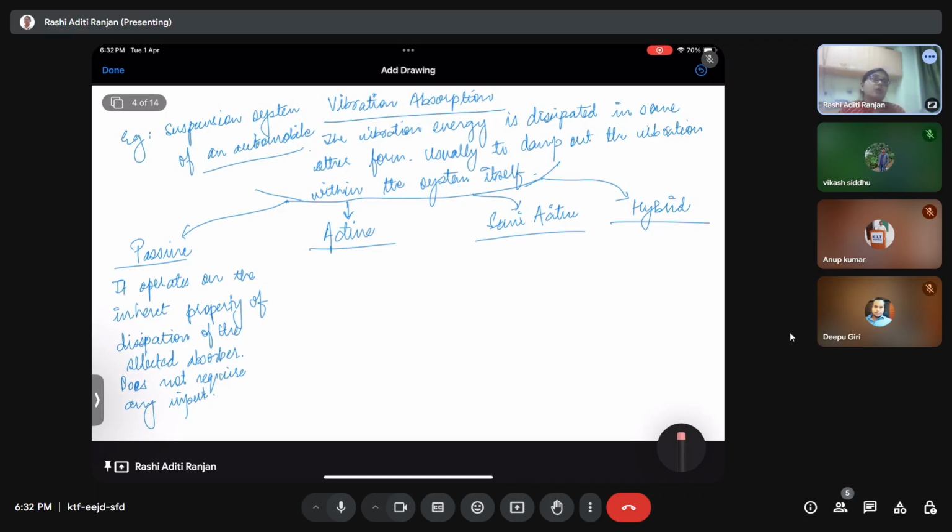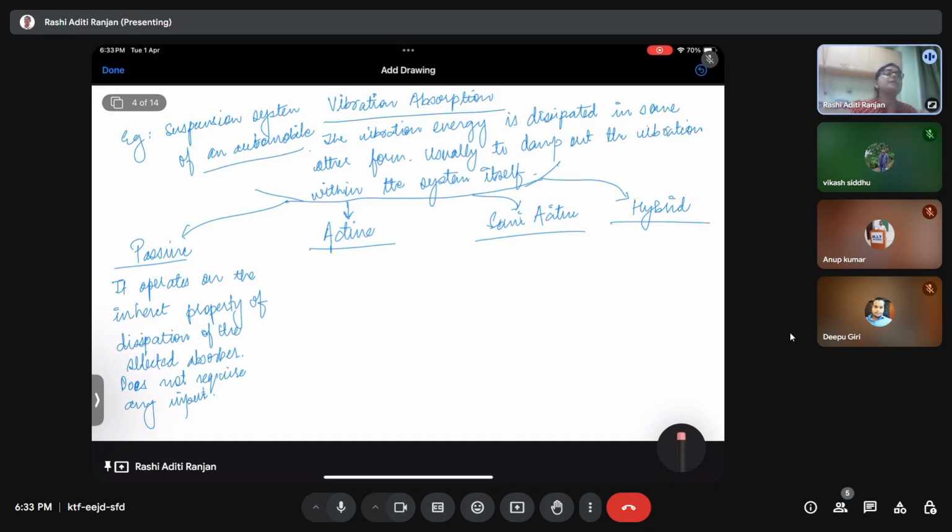So now if I talk about an all-terrain vehicle, if I use a passive vibration absorber, will it be a good idea? I don't think so. You know why? Because for a passive absorber, we know that it will only operate depending upon its inherent dissipation, right? It is going to have a damping coefficient C, and that is not going to change with time for the different kinds of conditions it encounters.